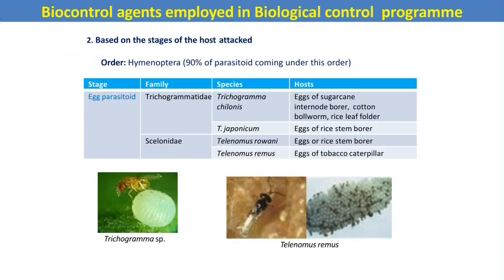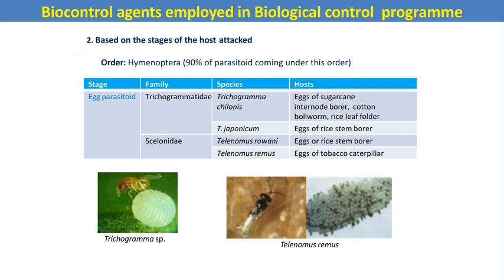Then based on the stage of development, most of the parasitoids come under the Hymenoptera order, and in that Trichogramma is the major genus for the egg parasitoids, which have a number of hosts like different stem borers, bollworms or different caterpillars.